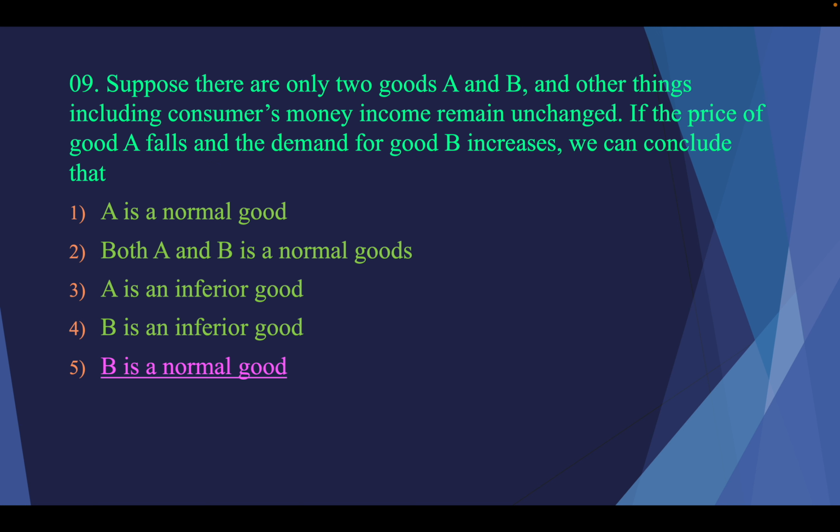Under the price elasticity, there are five types. First one is perfectly inelastic demand. When you calculate the elasticity coefficient, it is 0. Then inelastic, it's less than 1, that means 0 to 1. Then unitary elastic, the coefficient is 1.